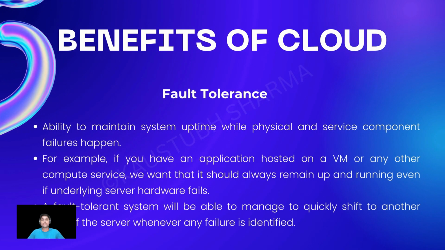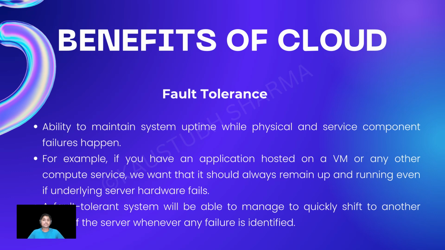Also, cloud service providers guarantee their resources to be fault tolerant, which means they will be highly available even in the case of physical or service component failure. Like if the hard disk crashes or the router fails or anything goes wrong with the motherboard. In any of these cases, cloud resources are capable of avoiding any downtime.